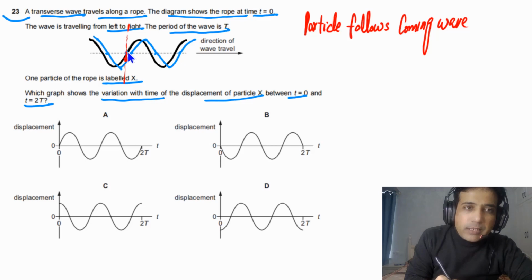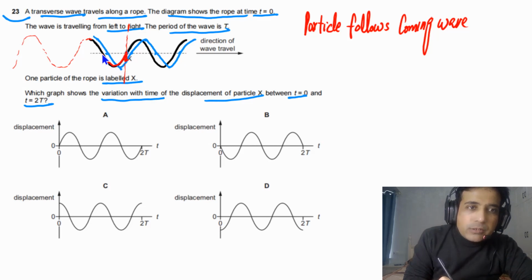If you look at the coming wave, you see the particle is here, so it will follow this wave. It will go down, then climb up, then go up, then go down, like that. Let me draw with a red line.